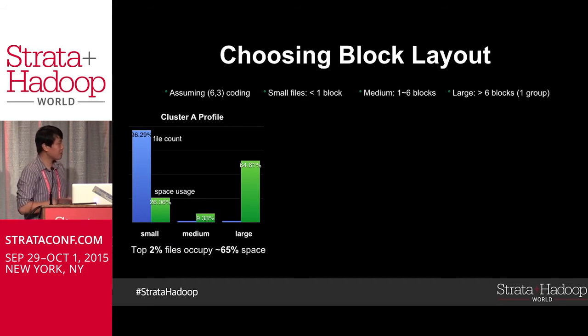In the first cluster, we can see that less than 2% of files are in the large file category based on file count. But those top 2% files occupy over 65% of space. This reminds us of the US income groups. But this doesn't represent all the clusters.